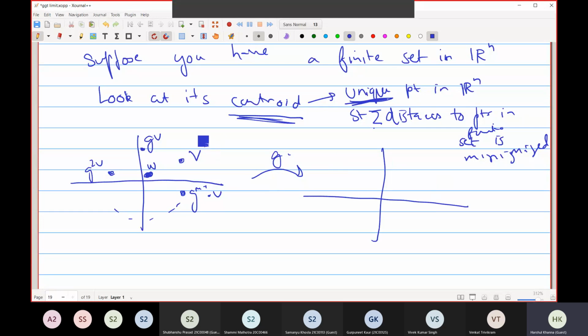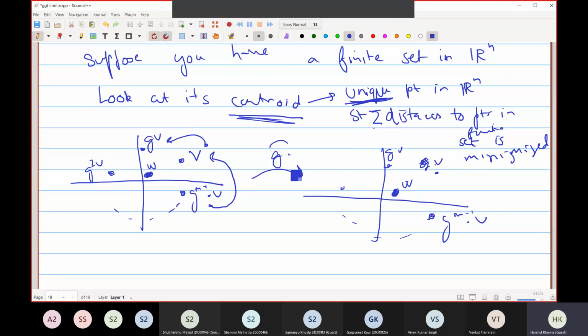Now v goes to gv, and g to the power m minus 1 into v goes to v, because g to the power m was essentially e. So we again got the same finite set. That means the centroid is again equal. If that was W, this should also be W, because both the sets are equal and there is a unique centroid.